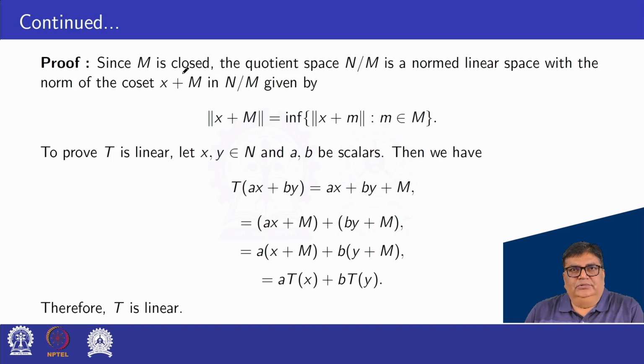Since M is closed, the quotient space N by M is a normed linear space with the norm of the quotient element x plus M in N by M given by norm x plus M is equal to infimum of norm x plus small m, small m an element of the subspace M. Okay, already we have proved in the previous lecture that the quotient space N by M with this norm is a Banach space.